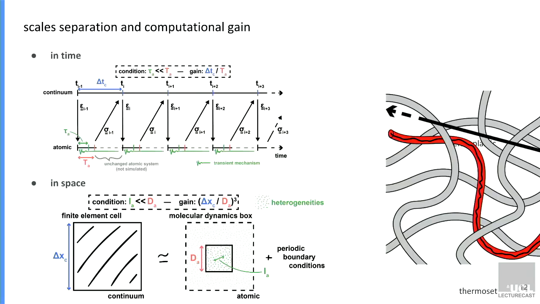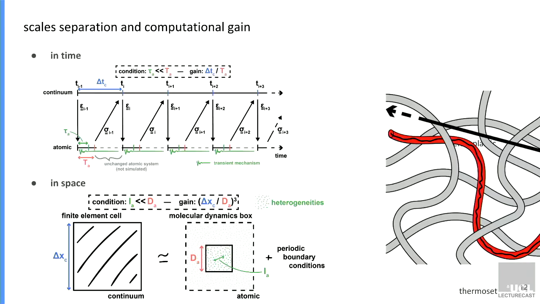So basically, how we separate the scales in the models to actually gain some time, instead of just simulating the whole macroscopic structure with an atomic resolution. The gain from doing a multiscale rather than a single scale approach is basically explained by these two figures. In time, instead of running the MD simulation for the whole time step of the macro solver, you only run it until the atomistic system relaxes.